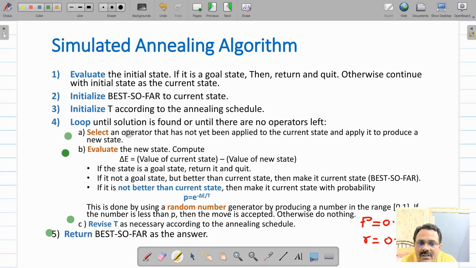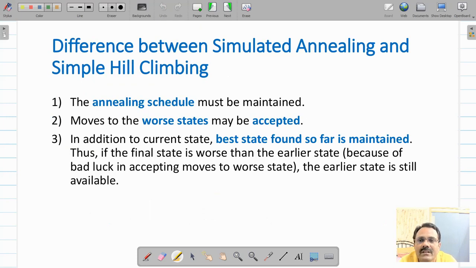So you will find the algorithm nicely explores the whole state space, the search space, and it finds the global optimal solution. If you compare this algorithm with the simple hill climbing search algorithm, you will find that here we have to maintain the annealing schedule, and that we do with the parameter t. In simulated annealing, sometimes moves to worse states are allowed.